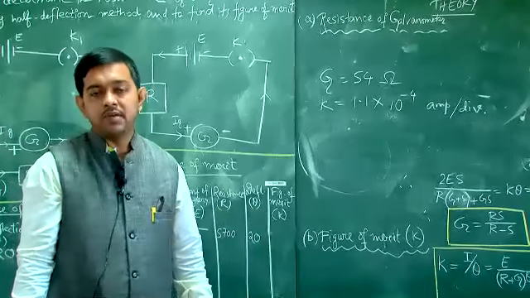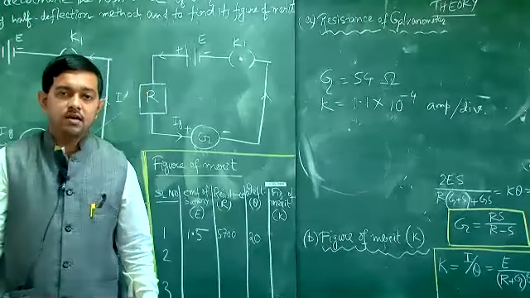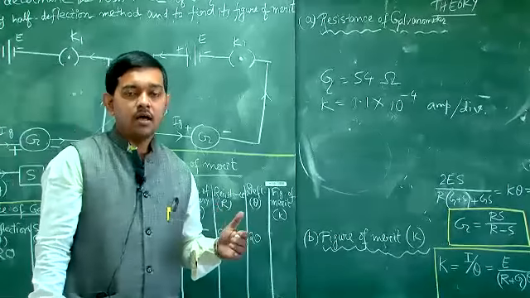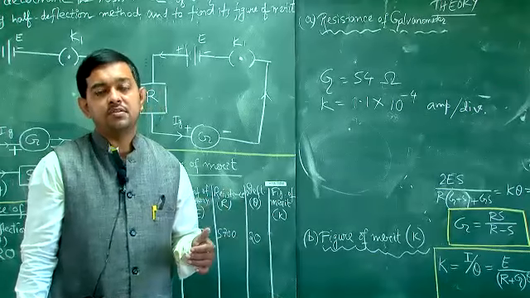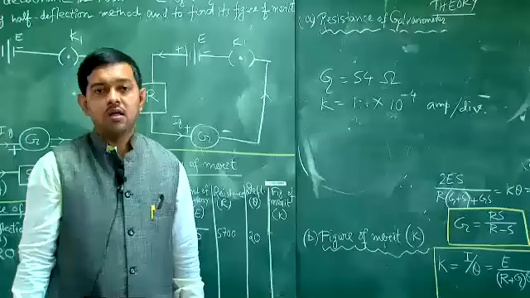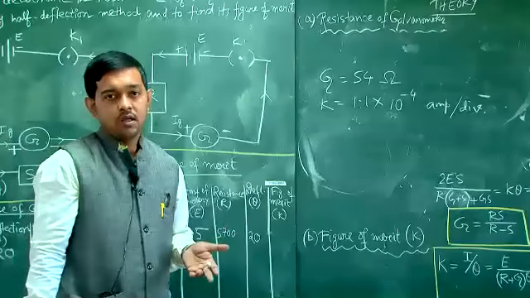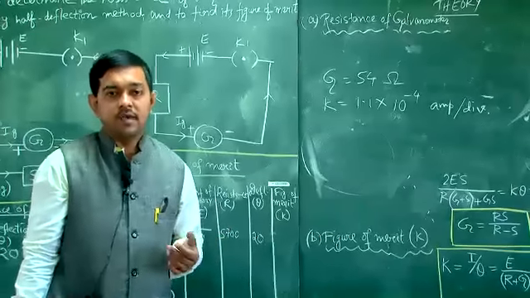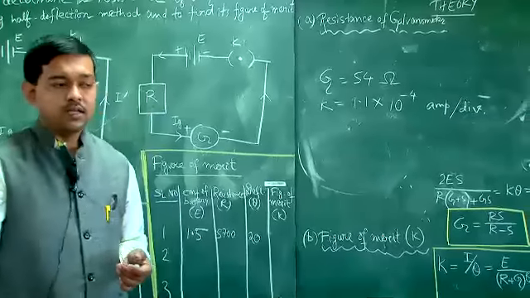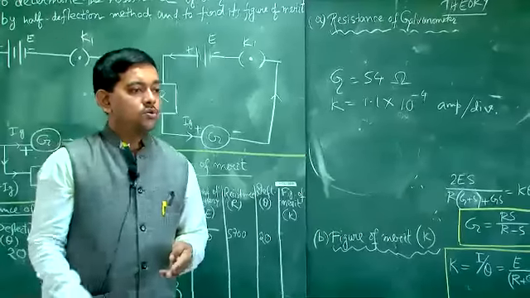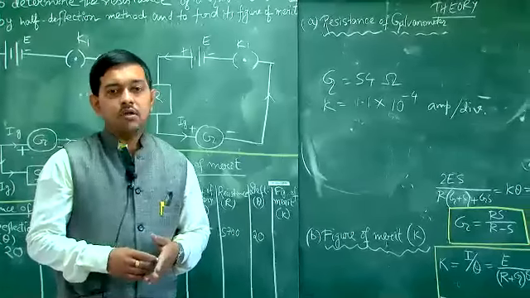There are two more experiments with the galvanometer, as I discussed: how to use it as an ammeter, how to measure current with the help of a galvanometer, and how to measure a potential difference across a resistance using a galvanometer, that is, how it behaves as a voltmeter. There are several such experiments that we'll also do in the class. So I think you don't have any doubt.